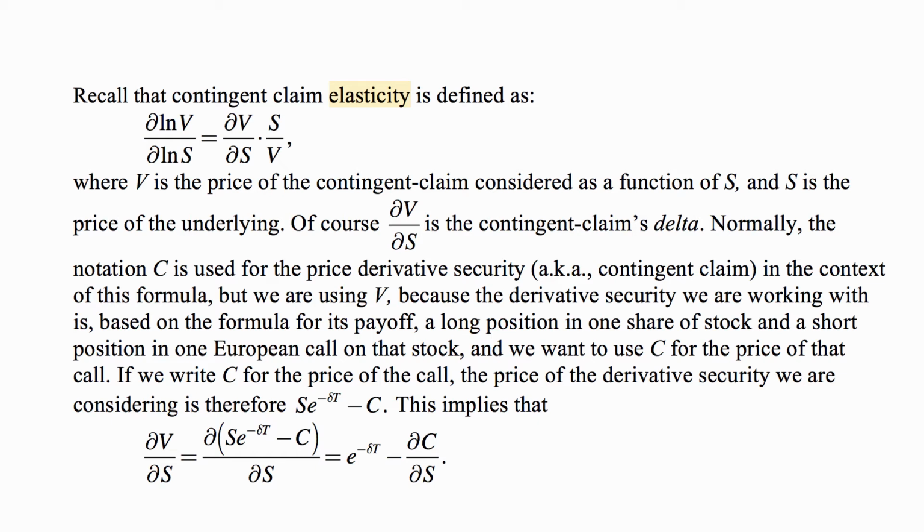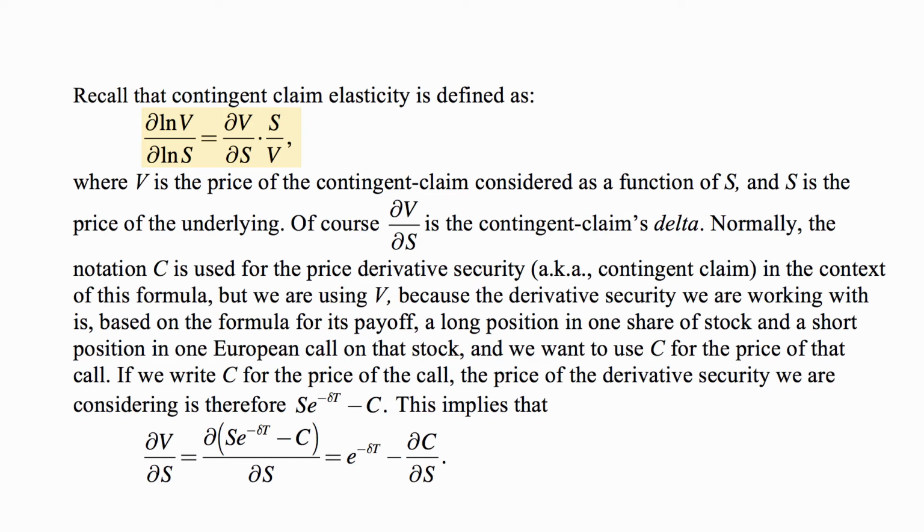So in this case, if I write V for the price of the contingent claim, considered as a function of S, and S is the price of the underlying, then it would be the delta of that contingent claim times S over V. It's the same as the partial derivative of the natural logarithm of V with respect to the natural logarithm of S. It's a bit more complicated form of expressing it, so you probably want to remember this more or less standard definition, which is the right-hand side of this equation.